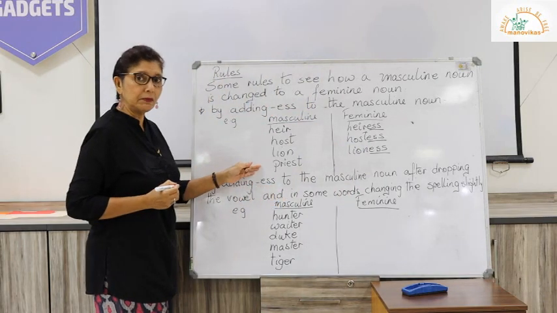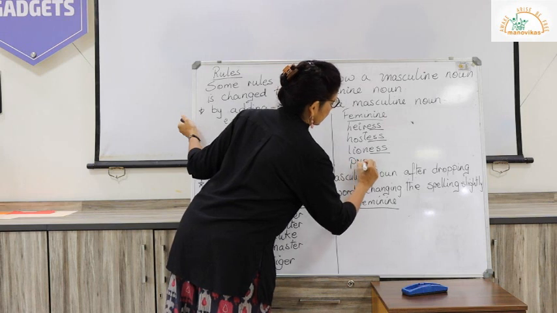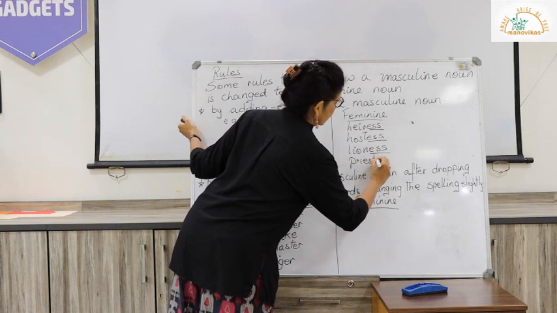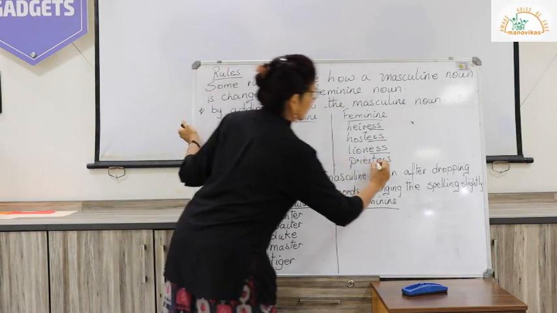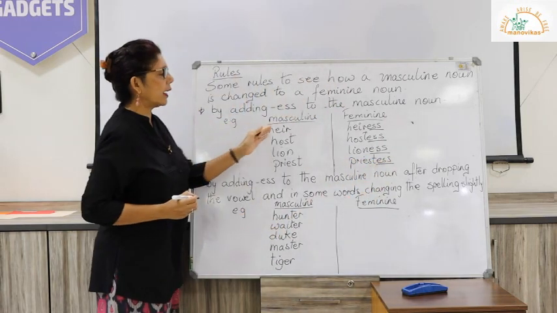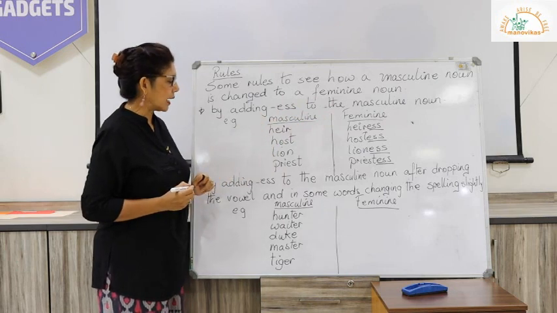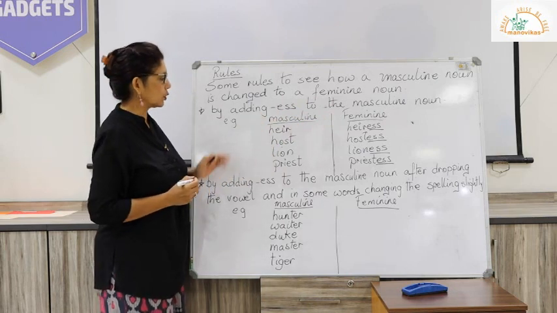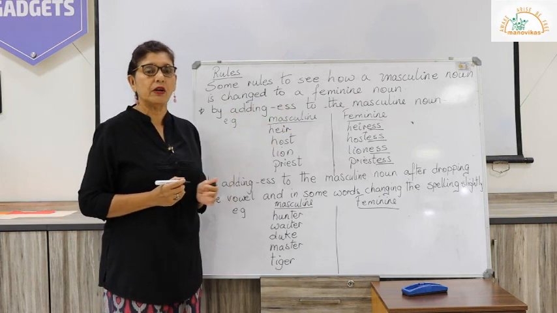And priest becomes priestess. So again, heiress, hostess, lioness and priestess. This is the first rule where you just add ESS and change it to feminine.